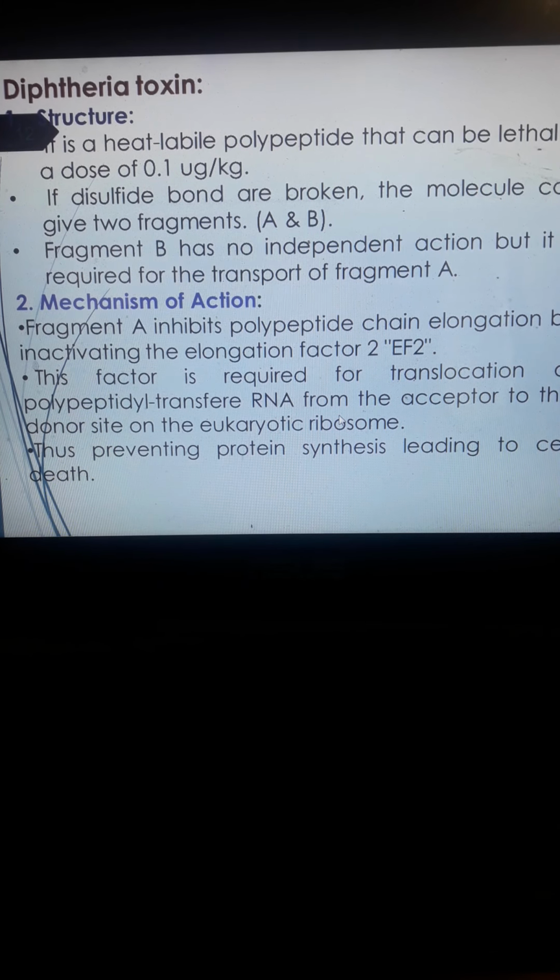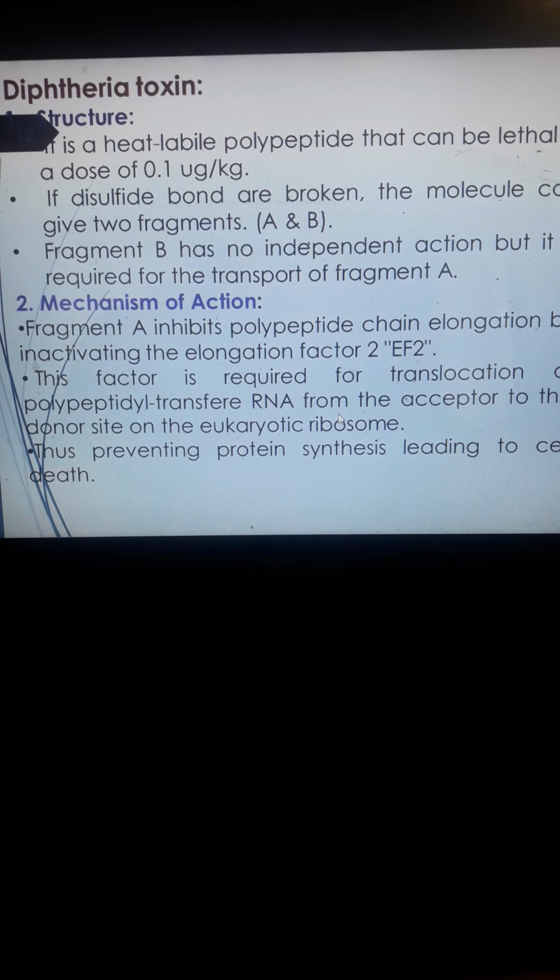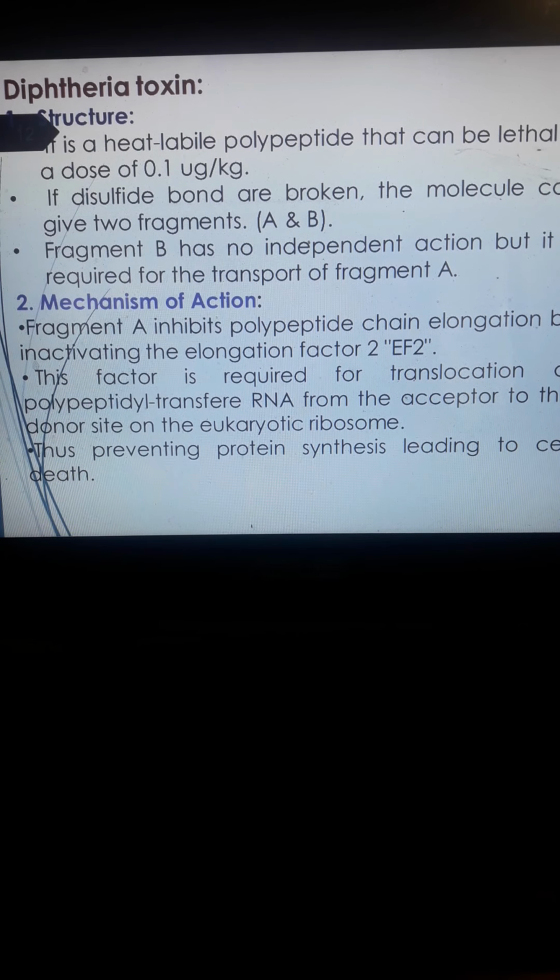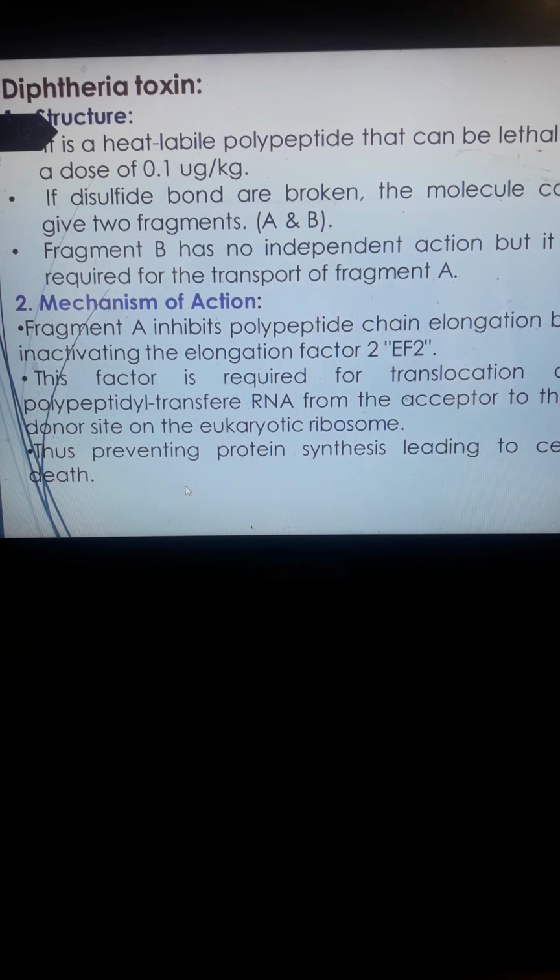Because ribosomes are the place for protein synthesis. So that is the main target of diphtheria toxin in human cells, thus preventing protein synthesis, leading to the death of host cells.